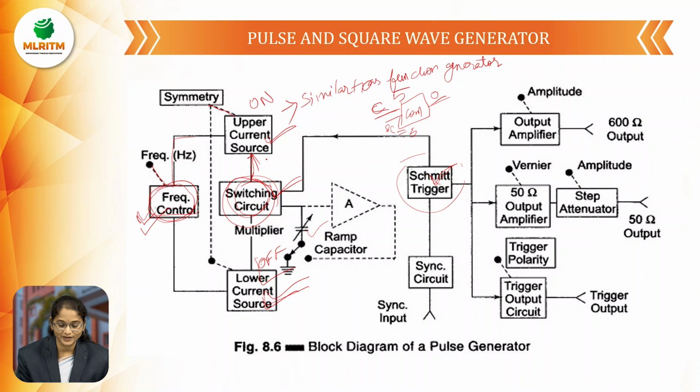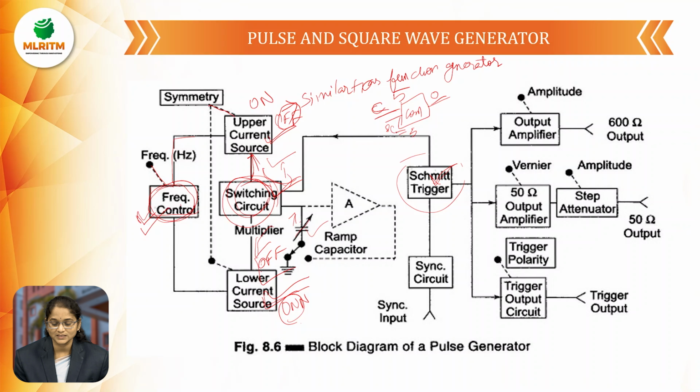When it is on, the current flows and the capacitor charges. When the capacitor voltage reaches the reference voltage, the upper source turns off and the lower constant current source turns on. Then the current flows and the capacitor discharges.